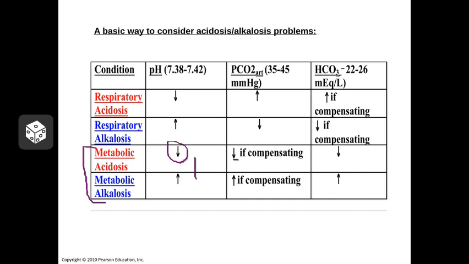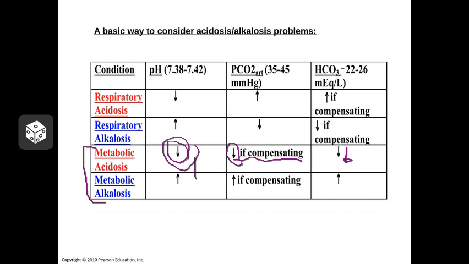That will increase rate of respiration. The body blows off more carbon dioxide, and so PCO2 will drop. The other thing is bicarbonate levels in the plasma drop because it is attempting to buffer the hydrogen ions.